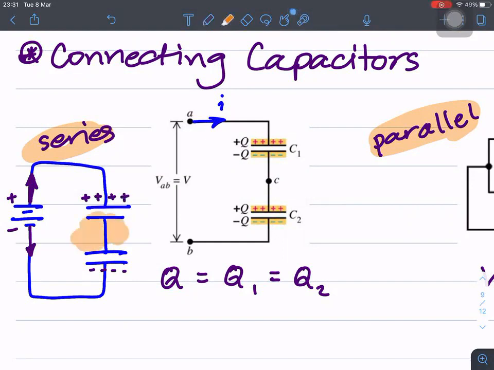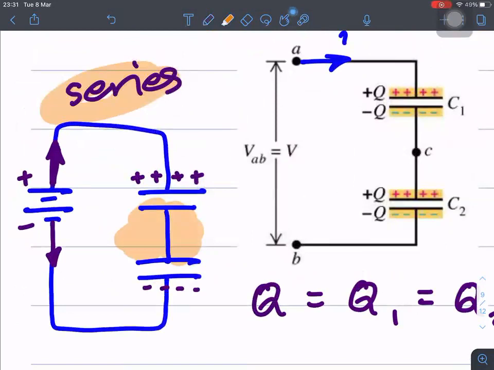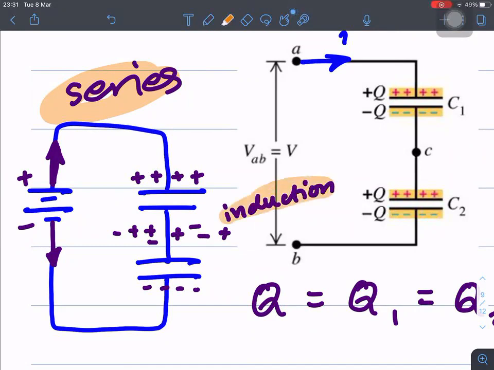But what happens in between? If you remember electrostatic induction, with charges positive, negative, positive, negative, which could be electrons or holes in the materials, then by the principle of charge induction, positive charge in the system will automatically be drawn to the lower capacitor, and negative charge will be drawn to the upper capacitor.